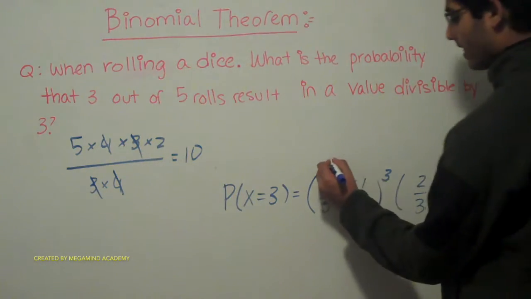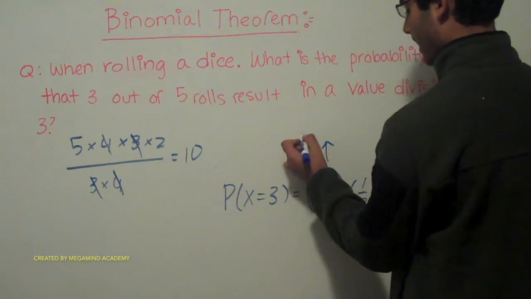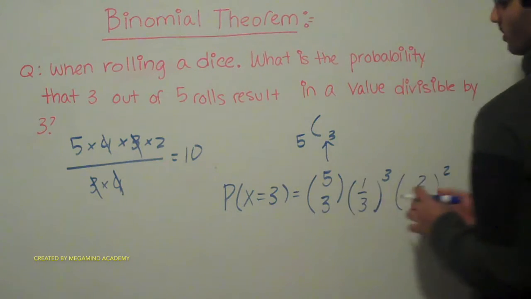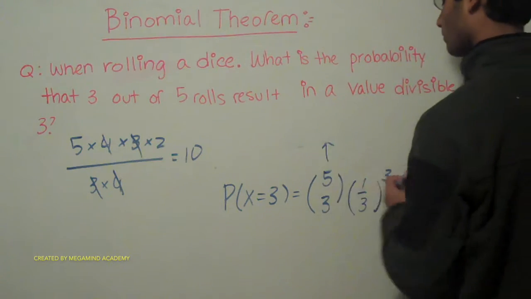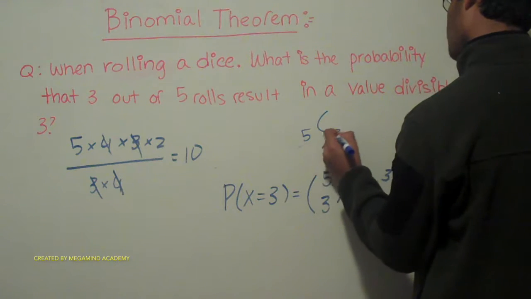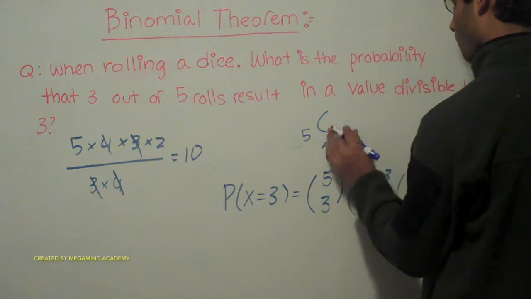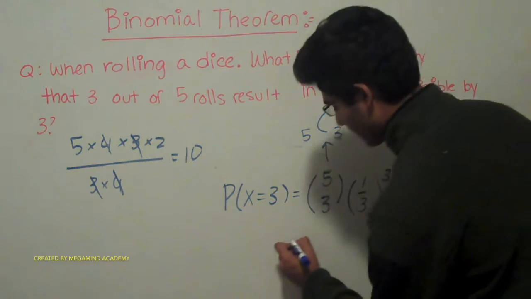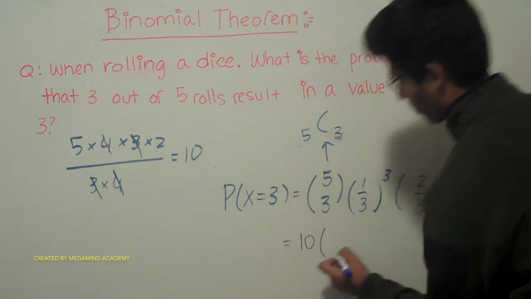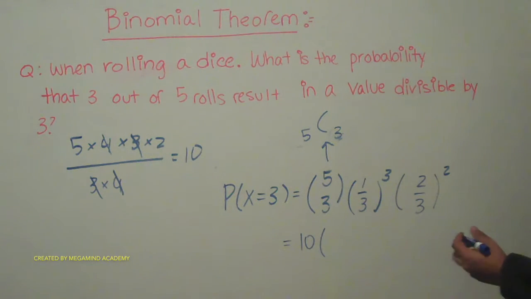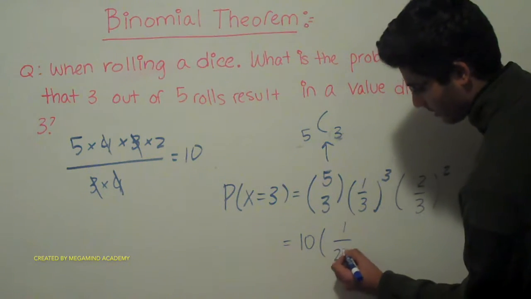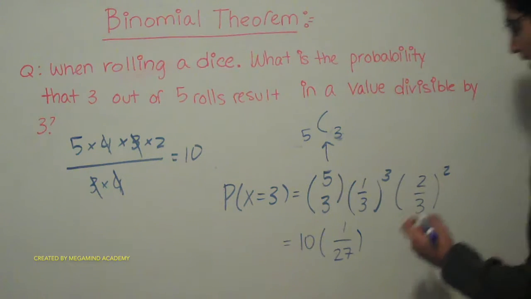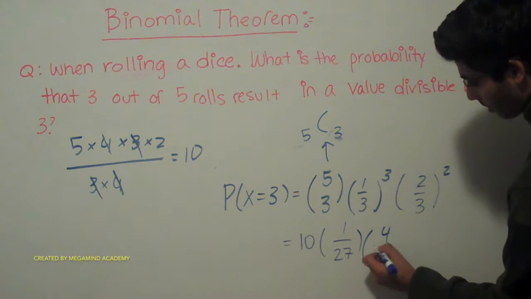I should also note that this can also be written as 5C3. So that's another way to write it out. Okay, so this is equal to 10 times 1/3 to the third power, which just becomes 1 over 27, because it's 1 cubed over 3 cubed, multiplied by 4 over 9.